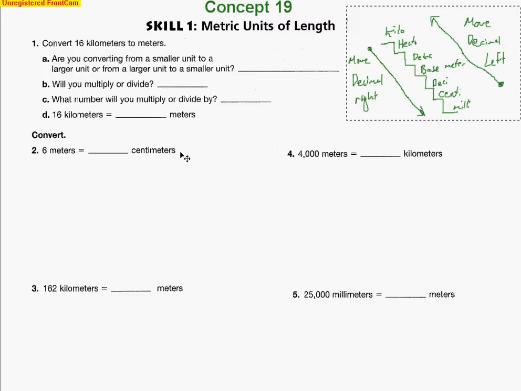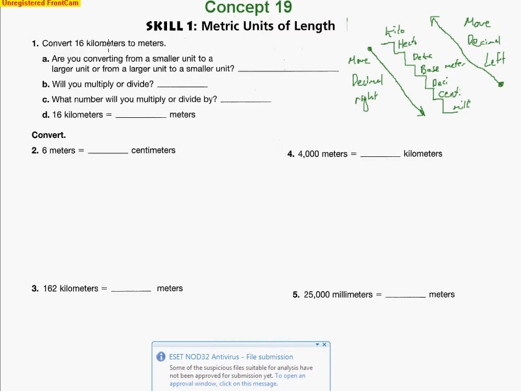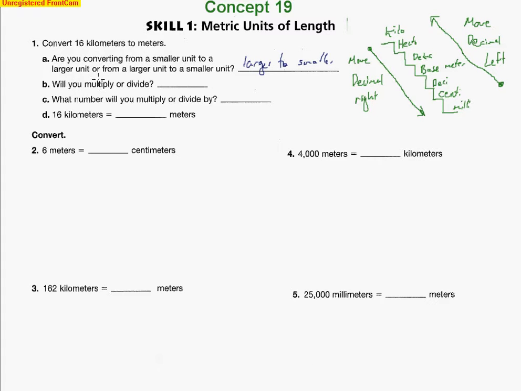So let's take a look at this first one here. Convert 16 kilometers to meters. Are we trying to convert from a smaller unit to a larger unit, or a larger unit to a smaller unit? Kilometers is the bigger unit, so we're going from larger to smaller in this case. When we go from larger to smaller, we multiply. And what would we multiply by?